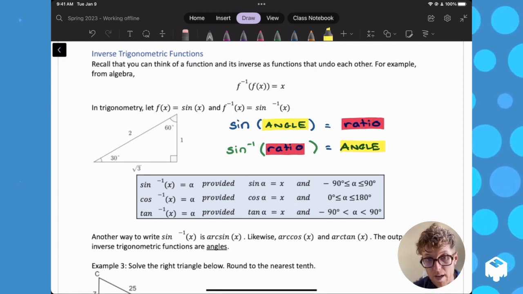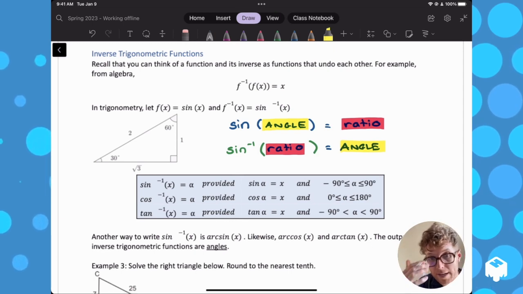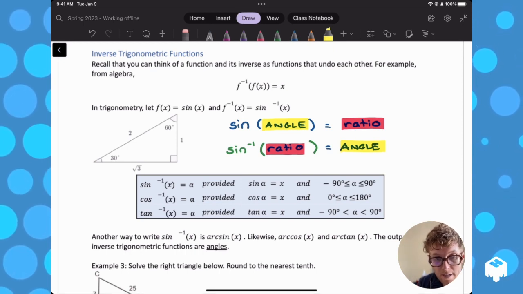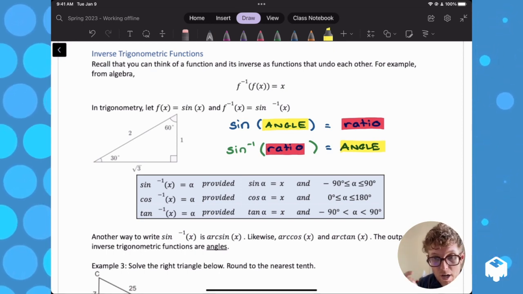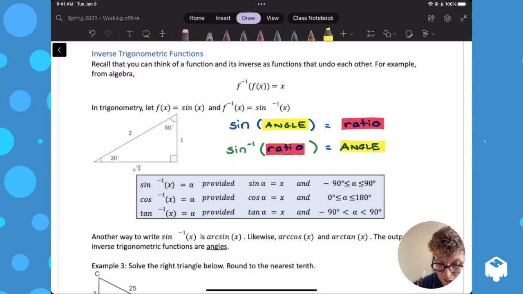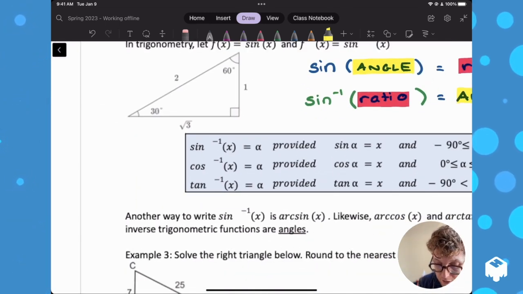So you need to be aware that when you're using a calculator and the technology is giving you an answer, the output is going to be an angle. Now, these angles are affected by the domain and range of a trig function. We'll be exploring the graph of these trig functions later on throughout the semester, and the unit circle will also help us understand this.